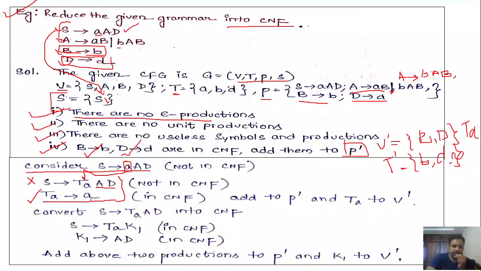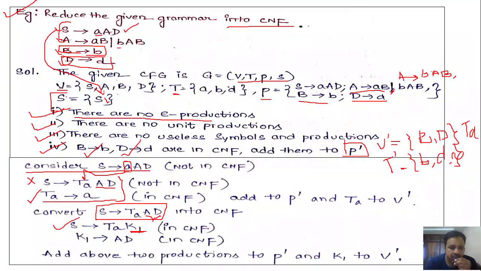Okay, done. Next, consider this production which is not in CNF. S denotes TA A D, that is, TA followed by capital A, capital D. So we apply rule 6. S denotes TA, we will write as it is. The remaining A and D we can represent with one variable K1.